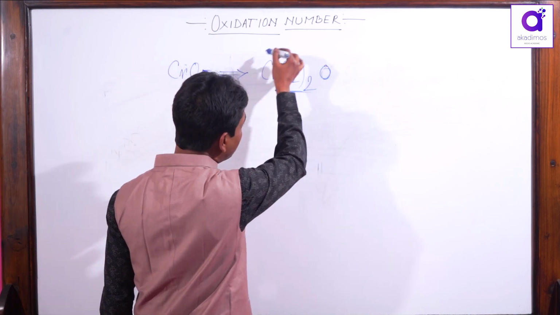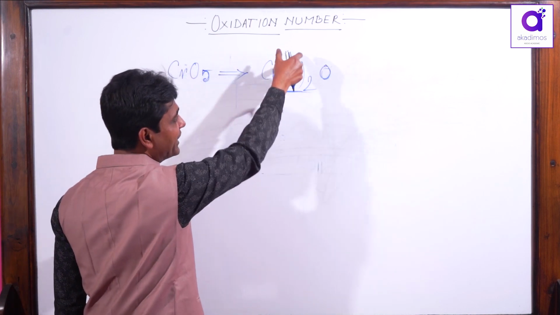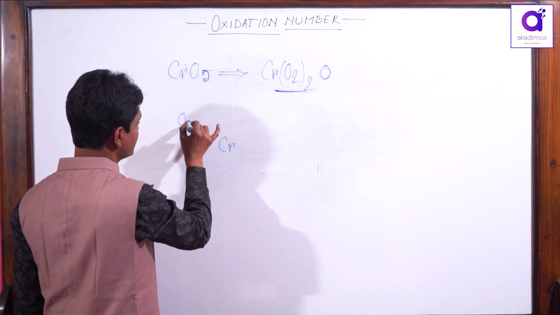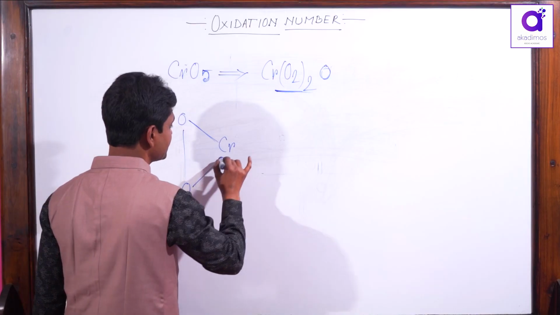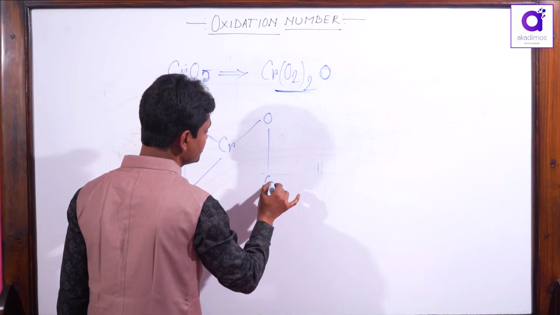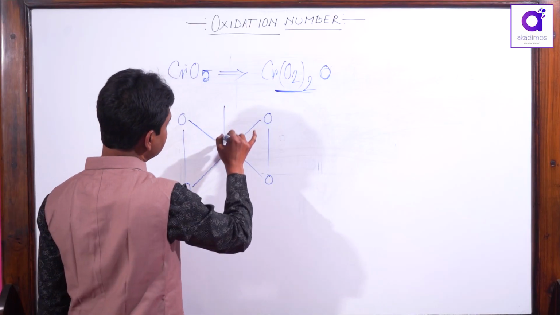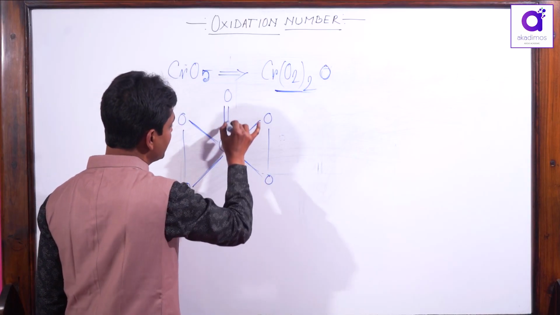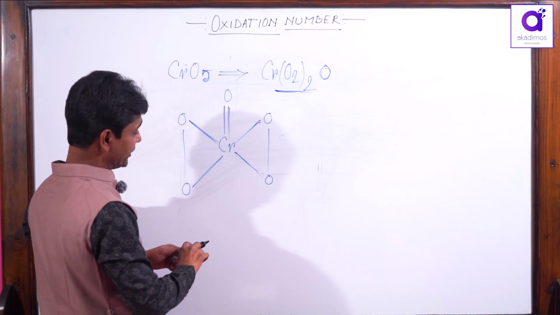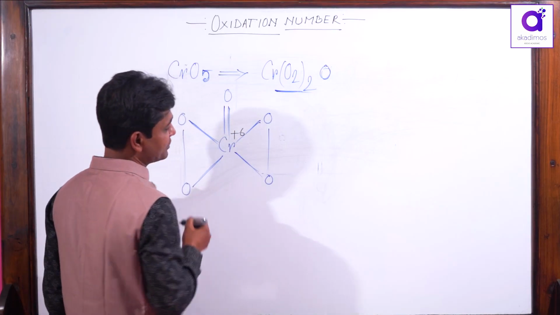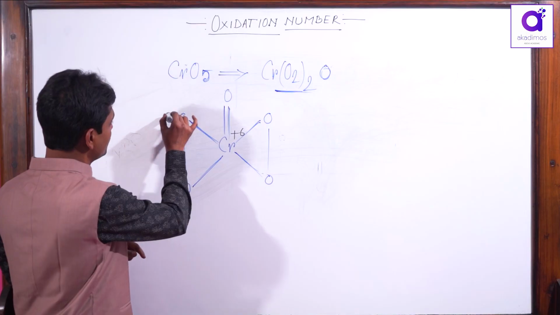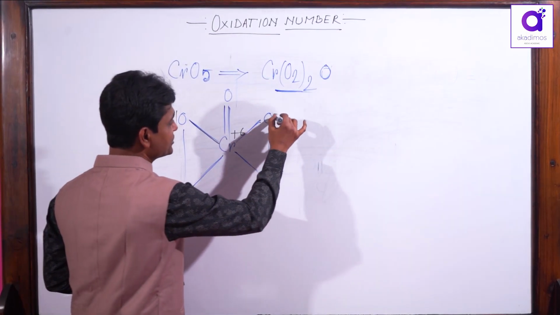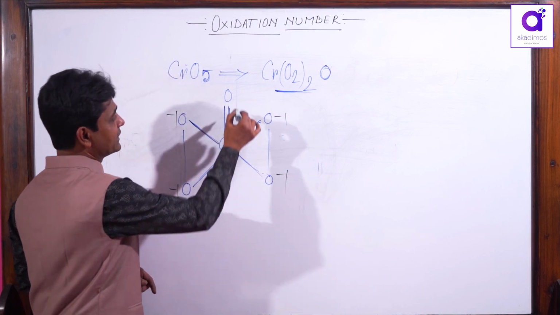If the formula is given like this, then I take O2 2-, that is peroxide. The structure is called butterfly structure. These 4 oxygen are in peroxide linkage, 1 is oxide. See, 1, 2, 3, 4, 5, 6 bonds with more electronegative oxygen, here plus 6, that is the maximum oxidation state. And these 4 are minus 1, minus 1, due to this bond minus 1, due to this 0, this is minus 1, it is minus 1, and this is minus 2.